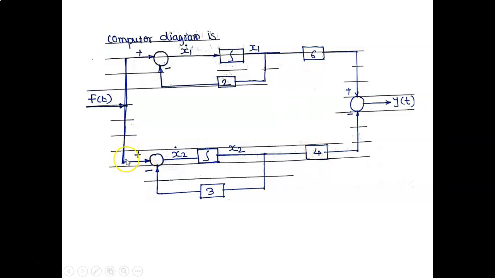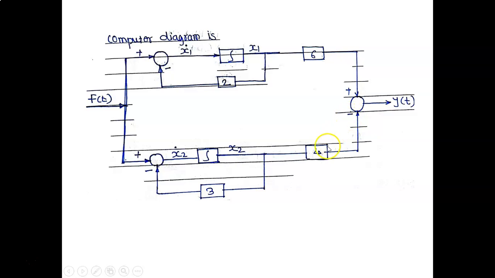At the bottom also, the f(t) signal is fed to the second summing point. Its output is x2 dot. Therefore, integration of x2 dot is x2. Again it is fed to this element, the transfer function 4, and again it is given back to the summing point.